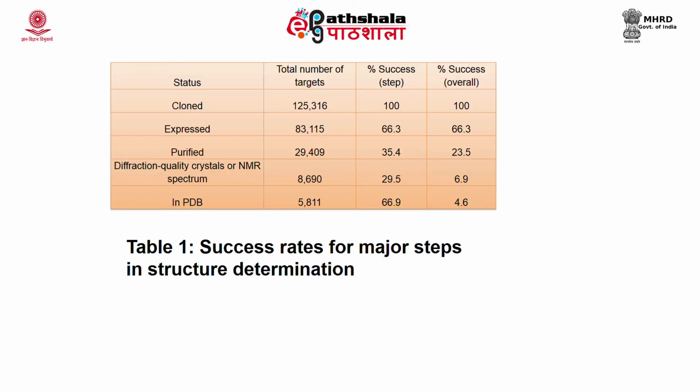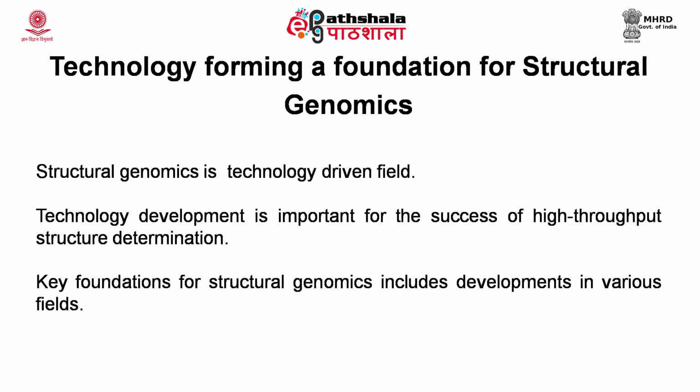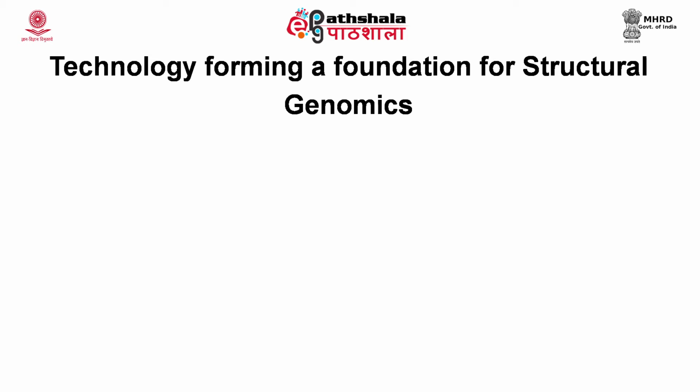So, for this, please refer to Table 1, which basically represents the status: in one column, the total number of targets starting, in another column, percent success rate, and in the third column, overall percent success.